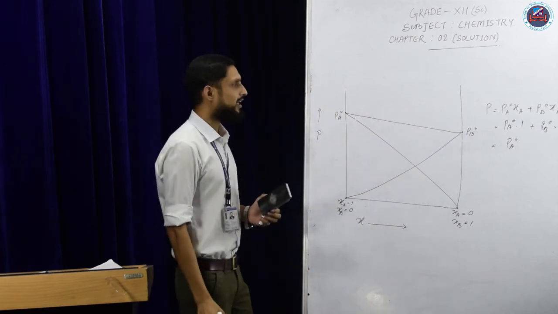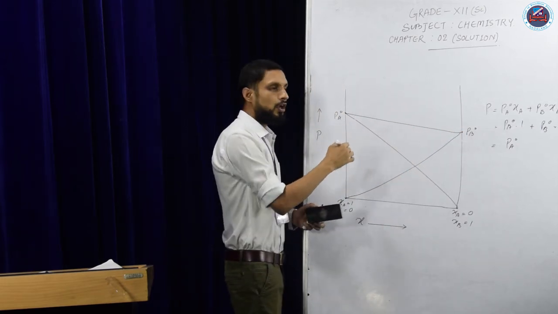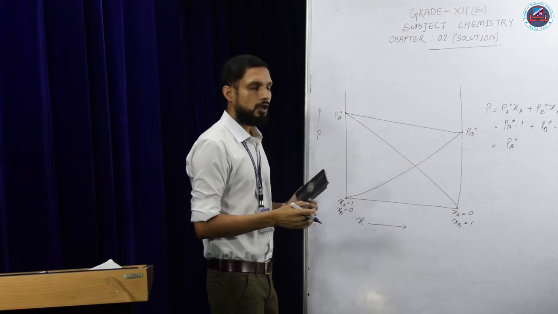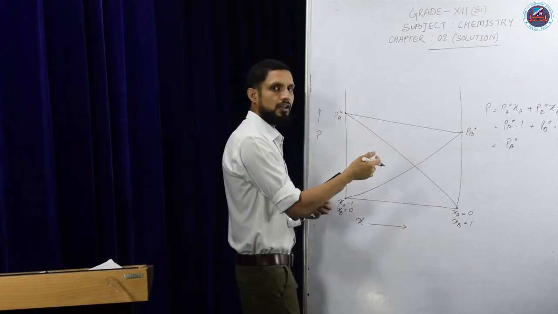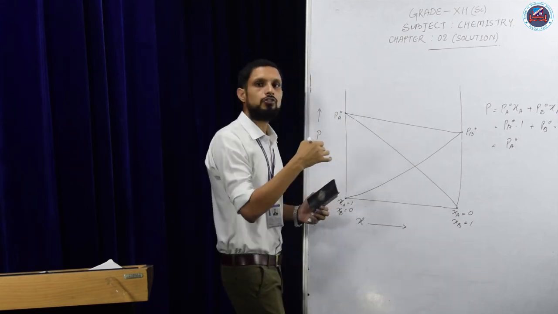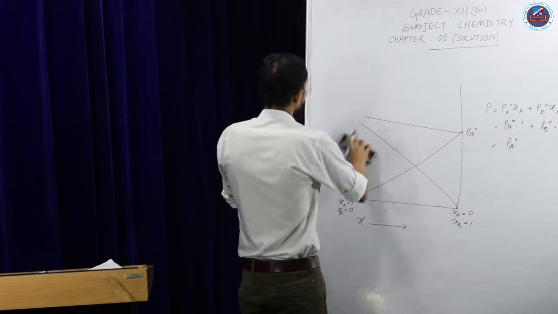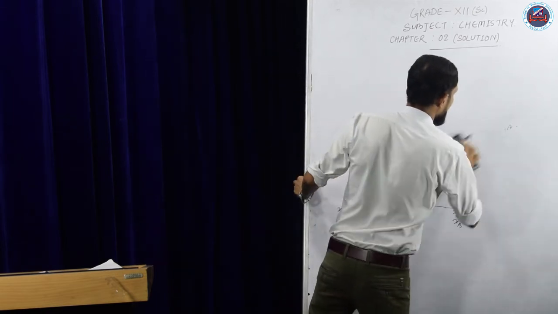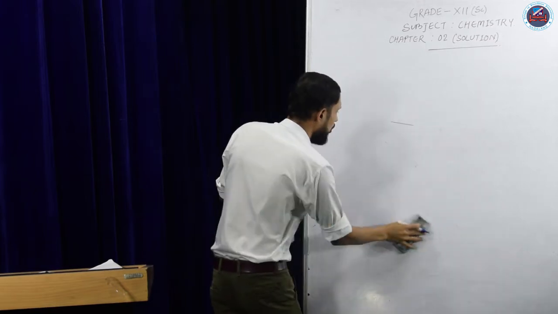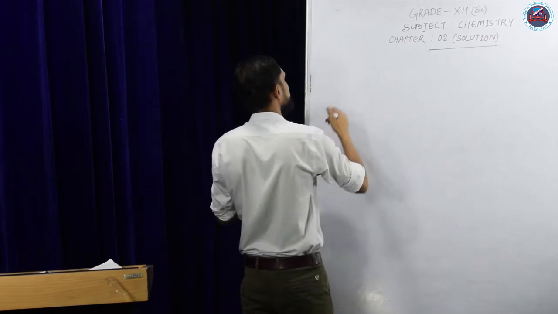This represents an ideal solution. So if you get a curve, according to Raoult's law, if you get a curve of this nature, the solution is ideal solution. So our next topic is ideal and non-ideal solution.